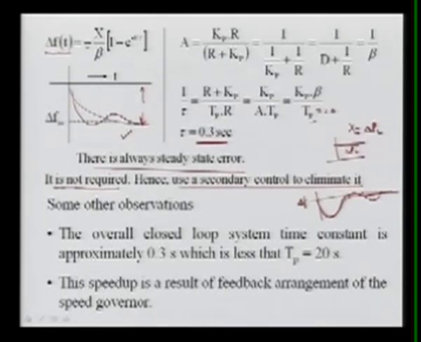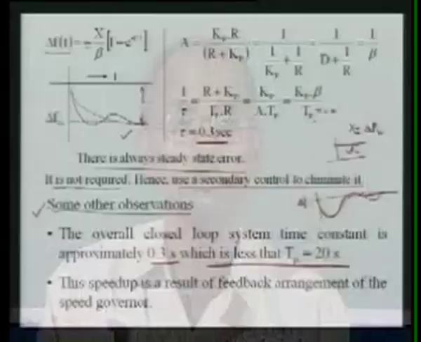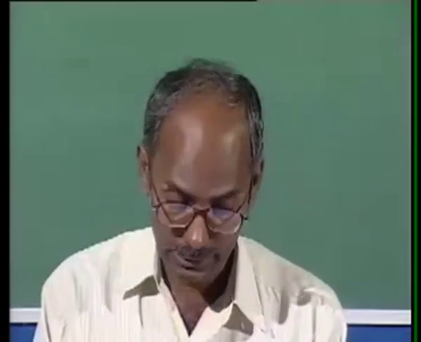Some other observations you can make: the overall closed loop system time constant is approximately 0.3 second, which is less than the open loop time constant TP of 20 seconds. So from 20 seconds it has come to 0.3 second, and the response becomes very fast. That is a very good achievement.